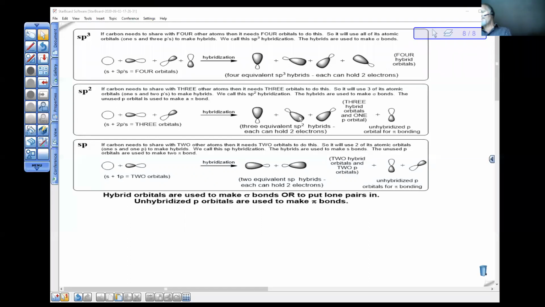But the hybrids themselves look the same, and you have the leftover p, which is going to be used to make pi. And similarly, if you only need to separate 2 groups of electrons, you're going to make sp hybrids from an s and 1 of the p's. Hybrids are here. They're pointing away from each other, and here's the unhybridized p orbital, which is going to be used to make pi.